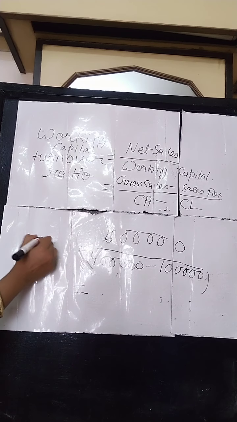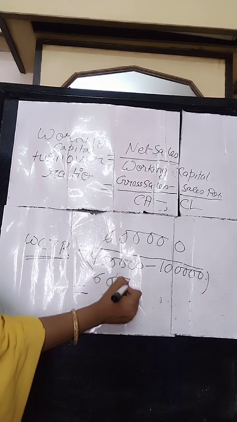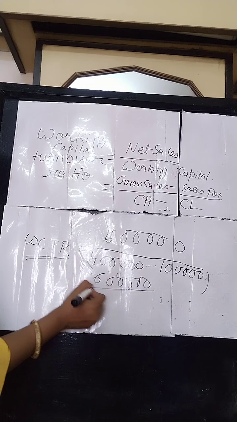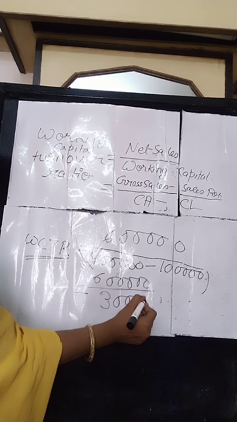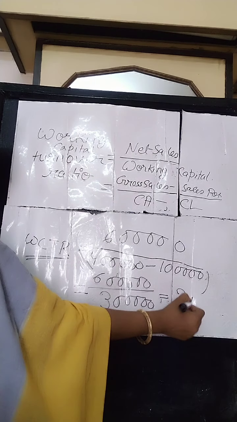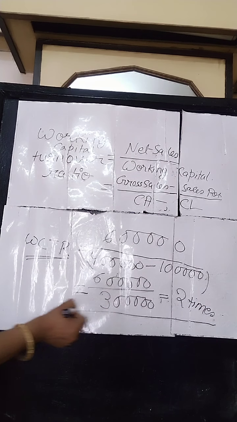So working capital turnover ratio, WCTR, will be 6 lakh by 3 lakh, that is net sales by working capital. So ultimately you will be getting 2 times as the answer. Working capital turnover ratio is 2 times. In this way you will find out the working capital turnover ratio.